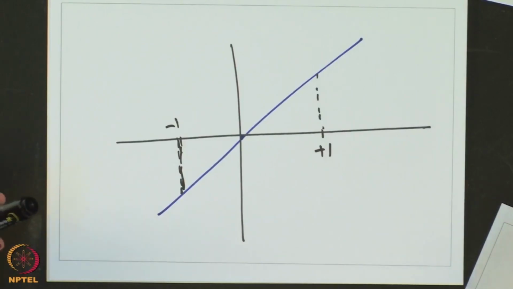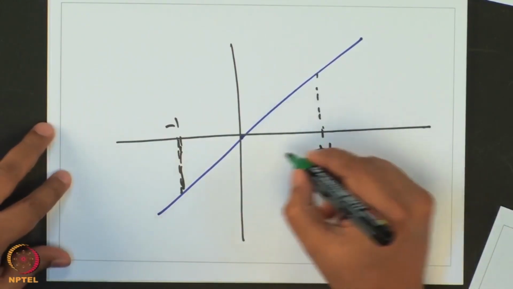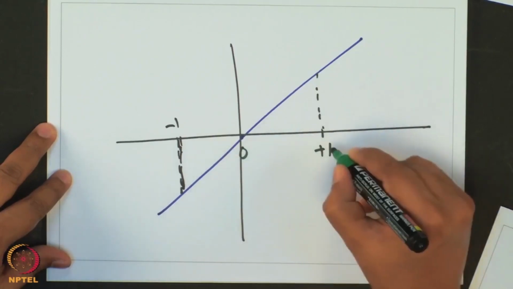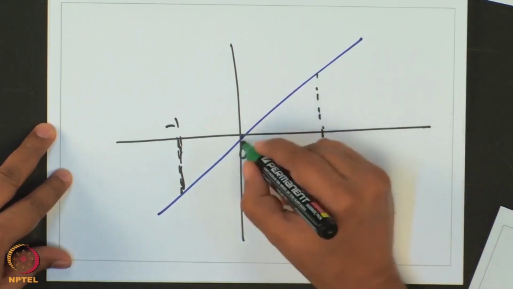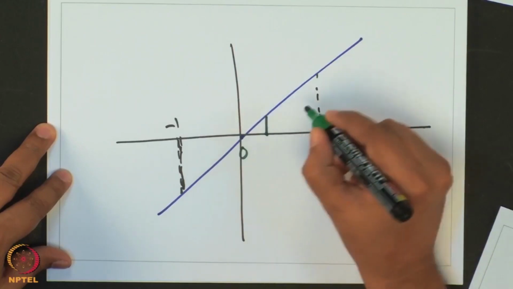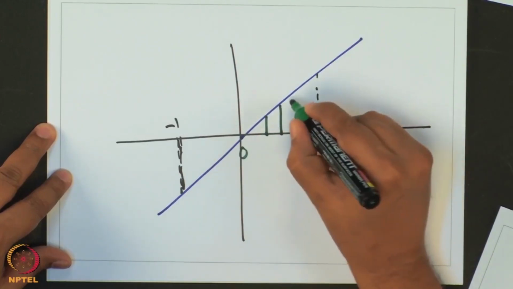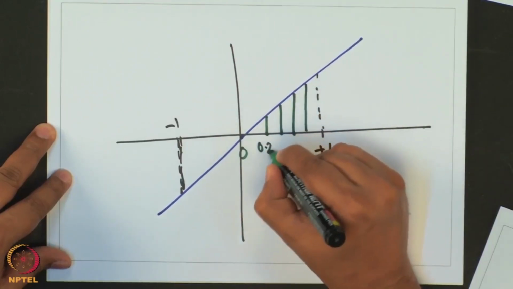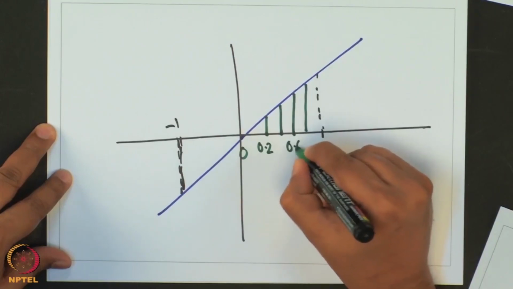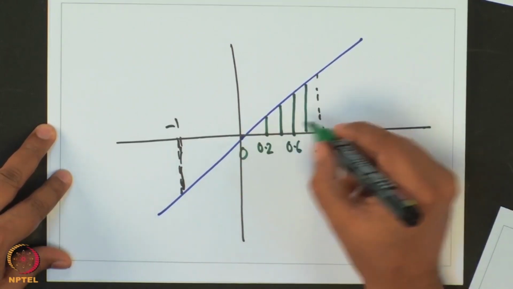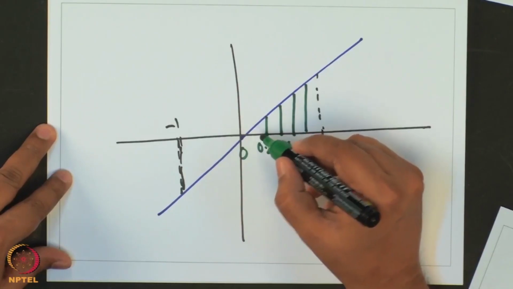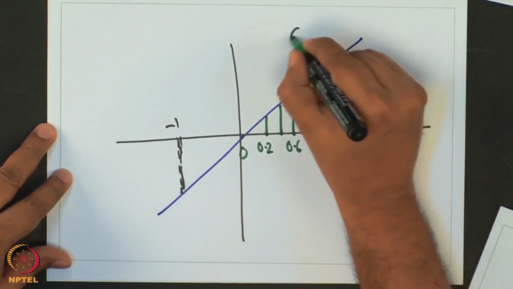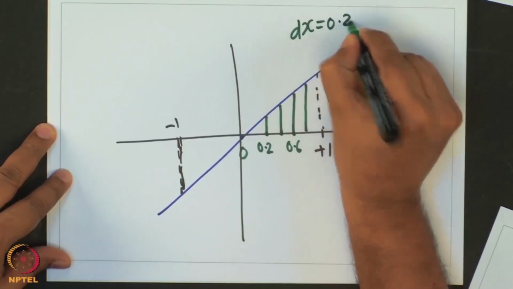Now when we want to calculate area, what we would do is divide this into small intervals dx. So I will take dx between 0 and 1. I would divide this into 5 intervals: 0 to 0.2, 0.2 to 0.4, 0.4 to 0.6, 0.6 to 0.8, and 0.8 to 1. So my dx is 0.2.